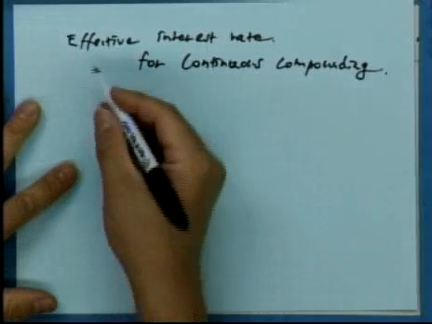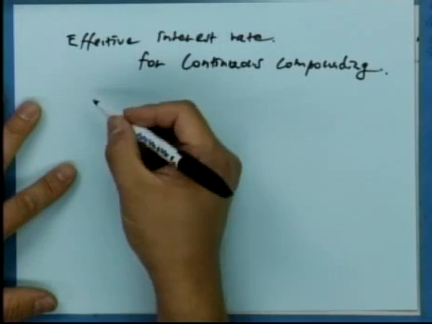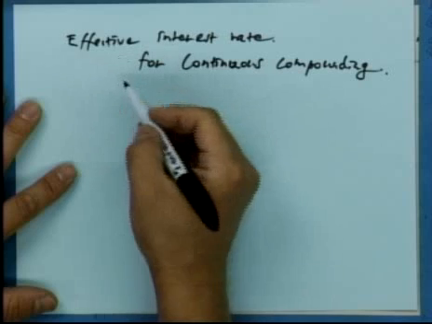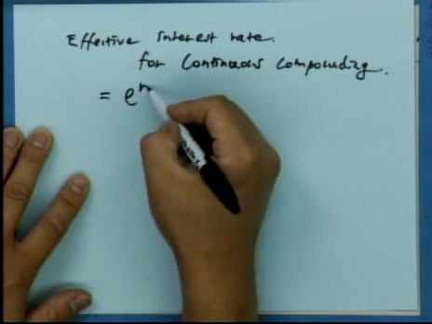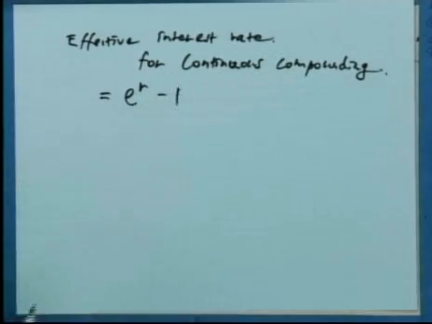The effective interest rate for continuous compounding can be obtained by e to the power r minus 1, right?